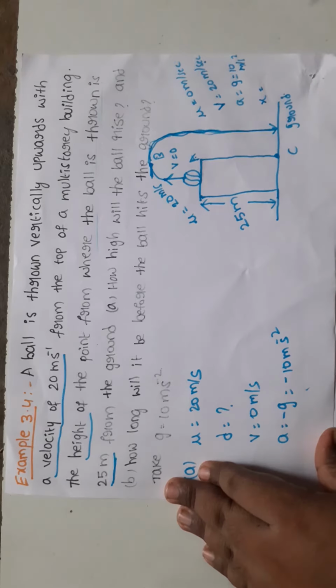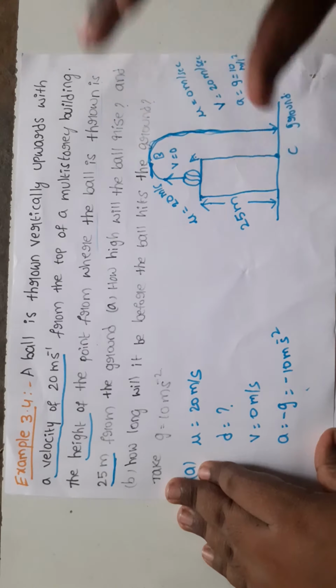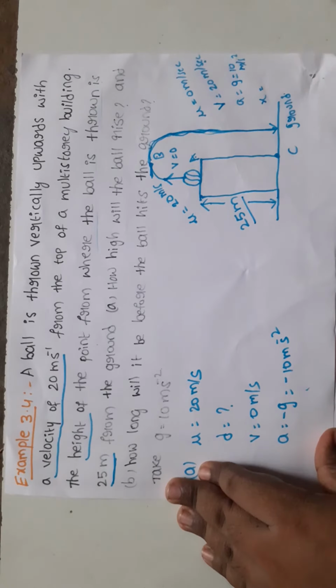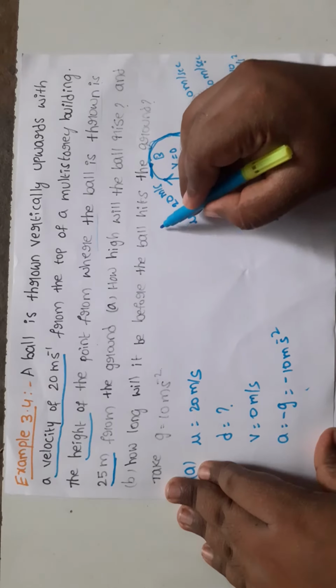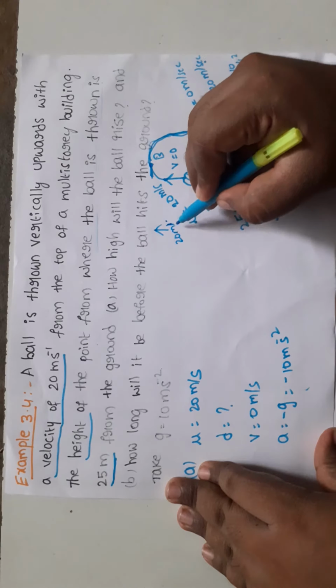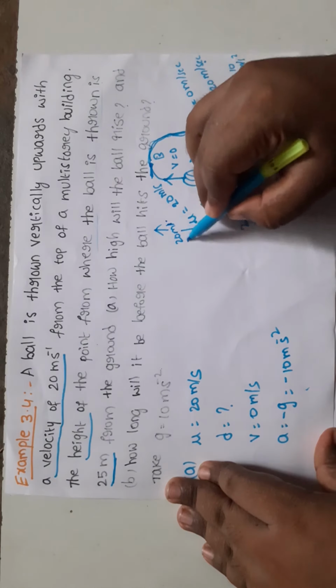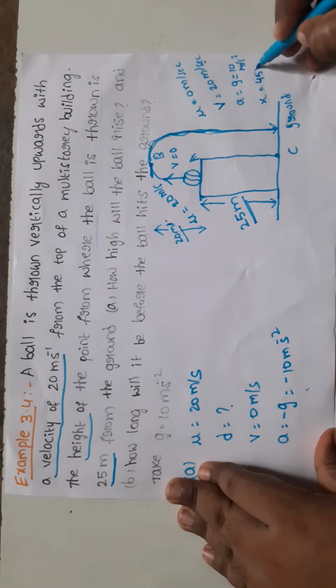Next, total displacement. So total displacement from B to C, here 25 meters building height, and the ball reaches maximum height of 20 meter. So 20 plus 25, total 45 meter.